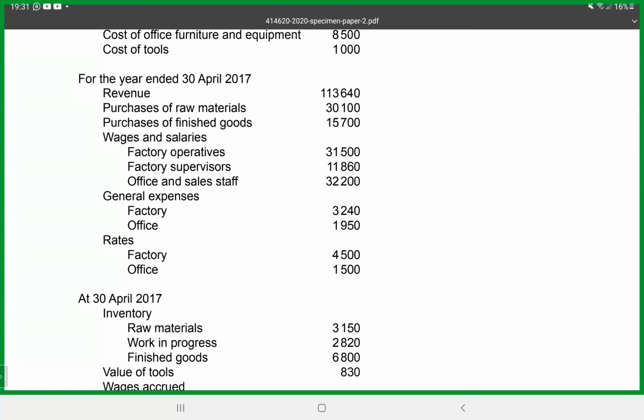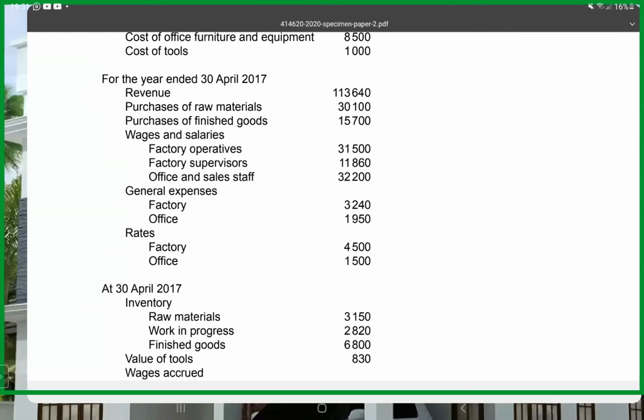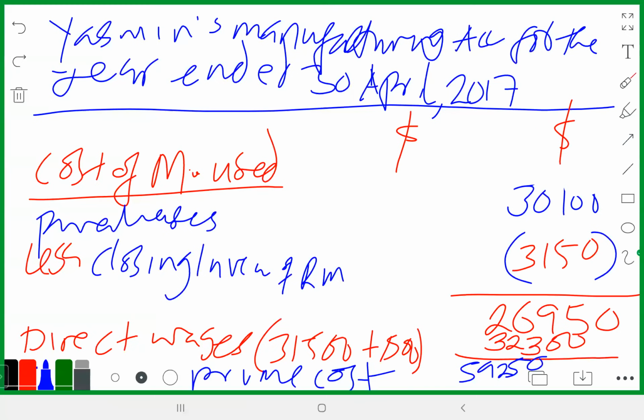So the prime cost is made up of all the direct costs: direct material costs, direct wages or direct labor costs, and direct expenses. Since we don't have direct expenses now, we just add the cost of raw materials plus the direct wages, and that gives us what we call the prime costs of production. Is that clear?